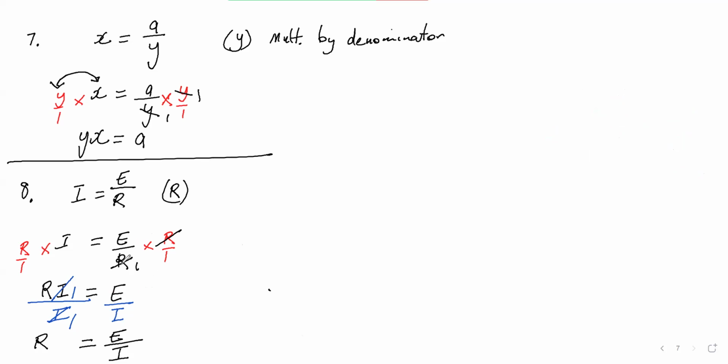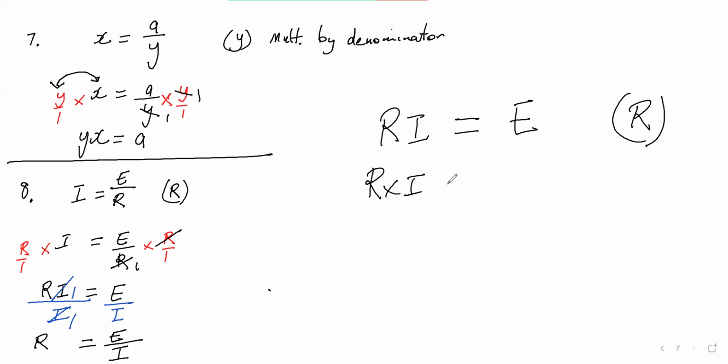So you're canceling R into R, 1, R by I. So now we are left with Ri equals E, but we're not finding for E. We are finding for R. But there is this R multiplied by I equals E. So in your mind, this is what you're reading, R multiplied by I equals E. But on paper, this is what you're seeing.